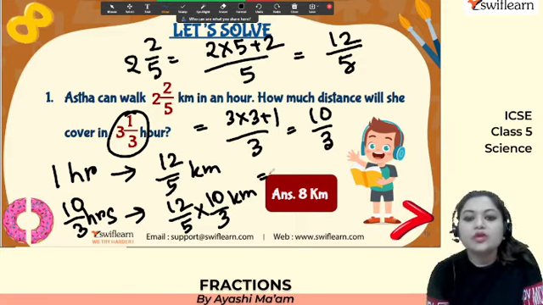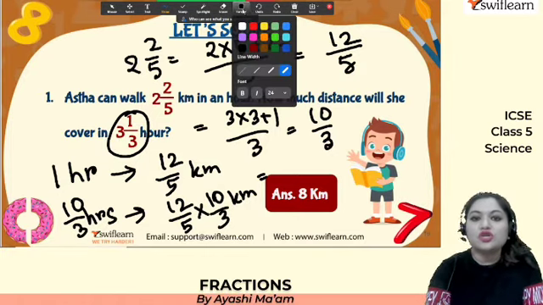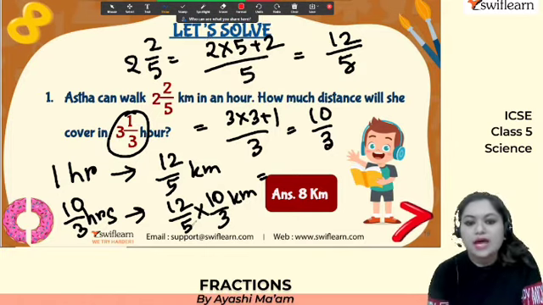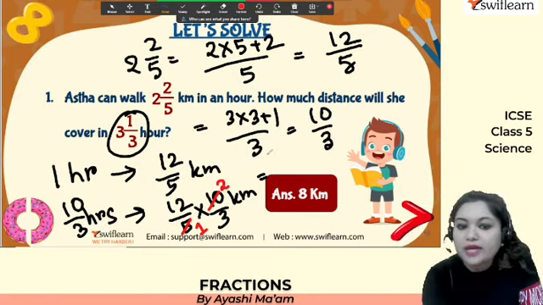Now, simply do the multiplication. So what will you get? The very first thing is you can perform cancellation over here. See, we have 5 and a 10. So 5 in the denominator, 10 in the numerator. And we know that 5 times 1 is 5 and 5 times 2 is 10, right? So we are dividing by the same number. Therefore, we can do it.